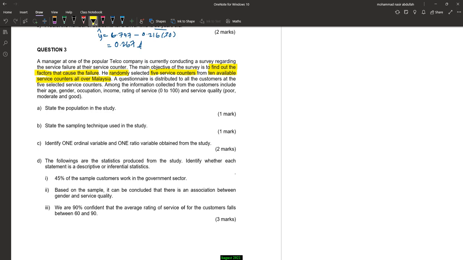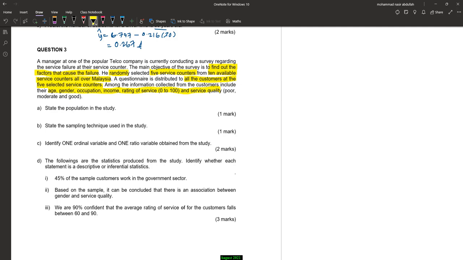So the questionnaire is distributed to all customer at the 5 selected counters. So among the information collected from the customer include age, gender, occupation, income, rating of service, and service quality.